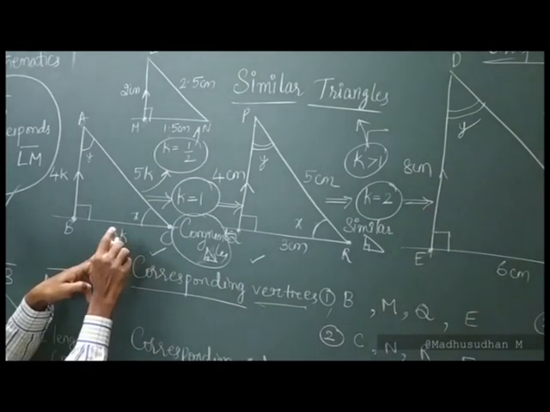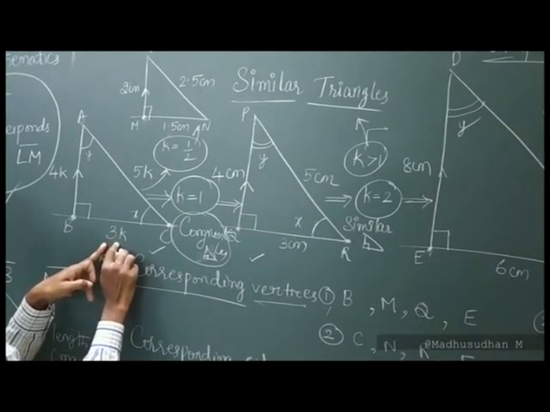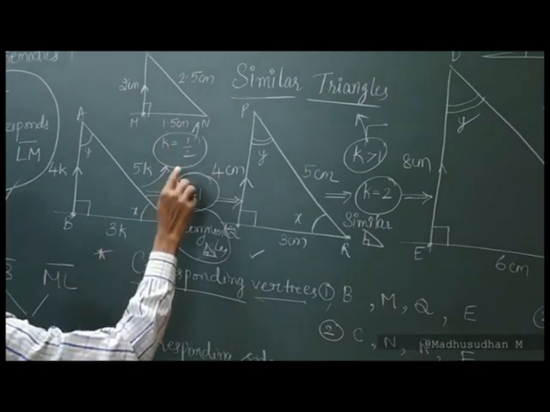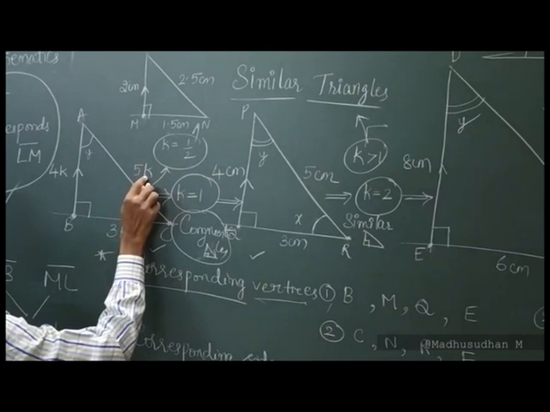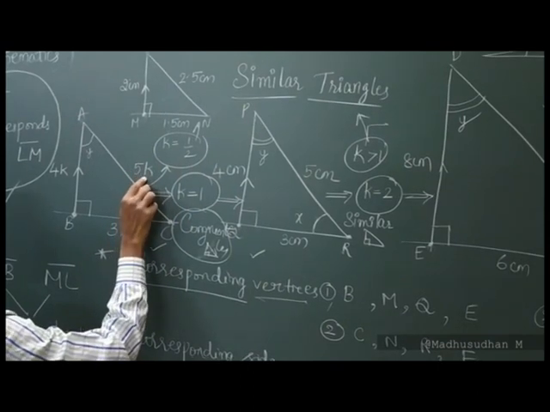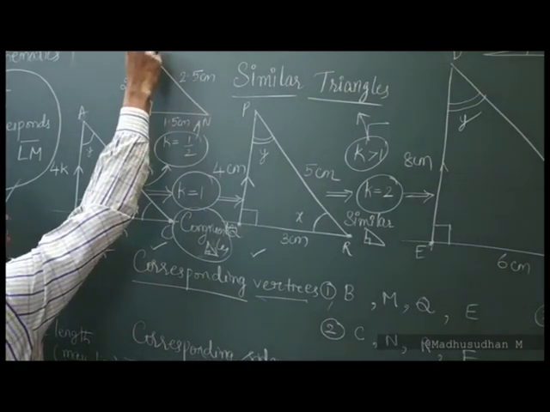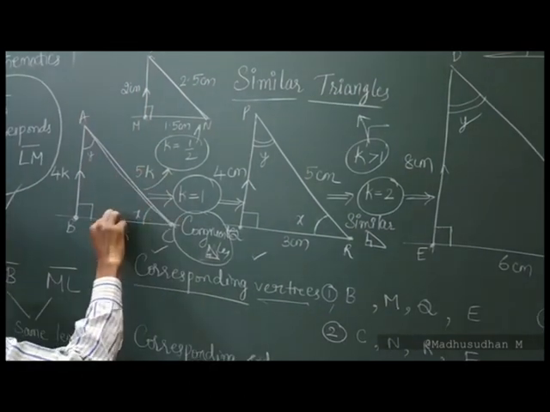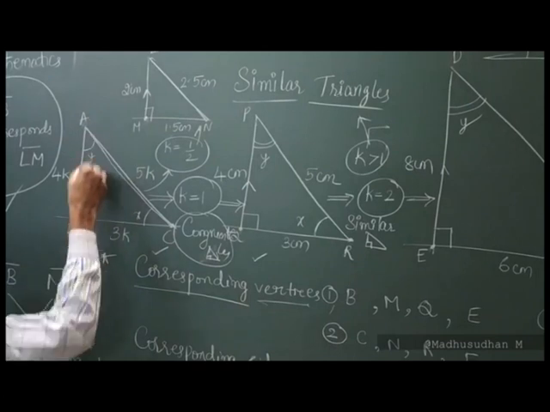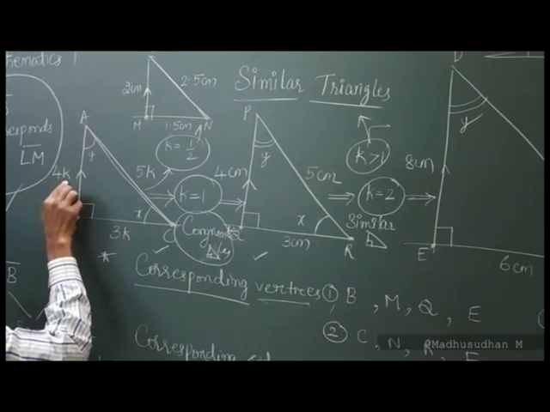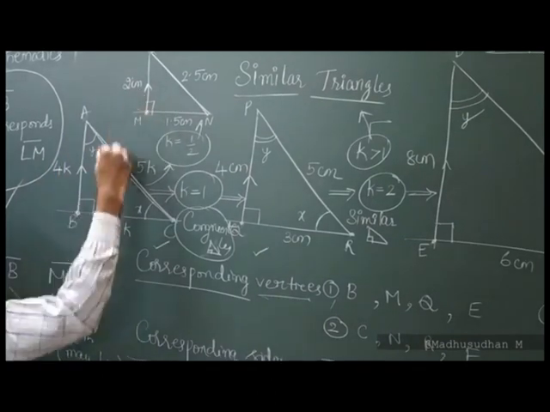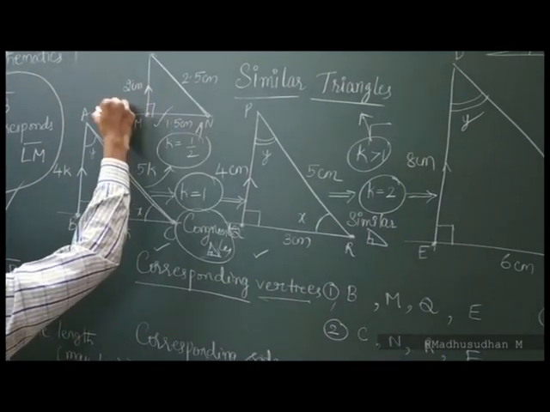If I multiply 1 by 2 with 3, I shall get 1.5, right? If I multiply K equals 1 by 2 with 5, I shall get 2.5. So this is the corresponding side for this figure. This corresponding length AB, when K is exactly equal to 1 by 2, I shall get 2 centimeter. So these two triangles are called what?